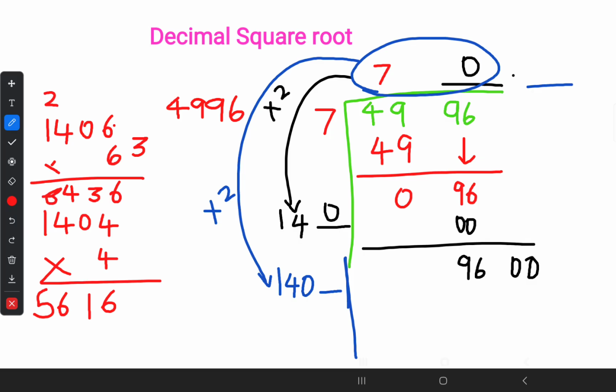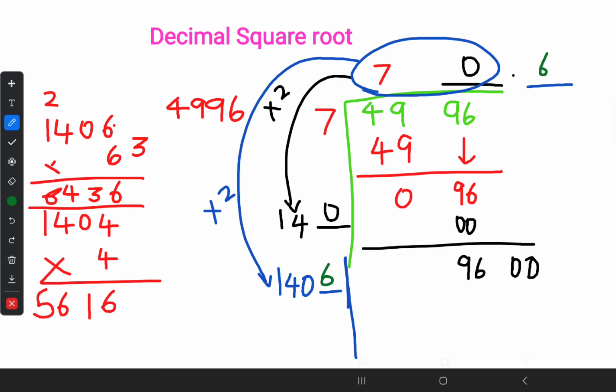That gives 8436. This is the possible number, because when you add another 1400 it will become 9800, which is greater than 9600. So the possible number here is 6.